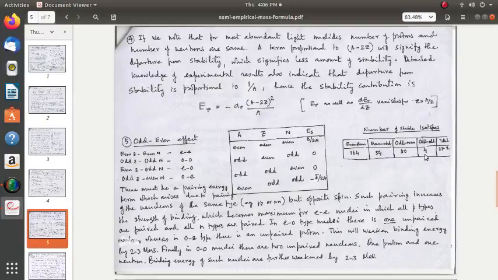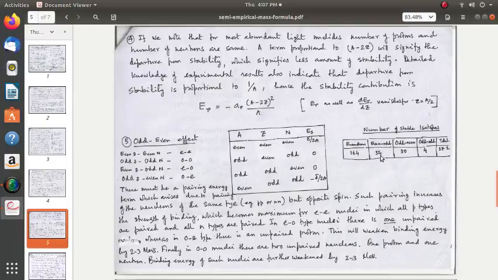So that means if you have even number of protons and even number of neutrons, then binding energy is large, then we find them stable. If there are odd number of protons and odd number of neutrons, then binding energy is less, so there are only 4 of them.